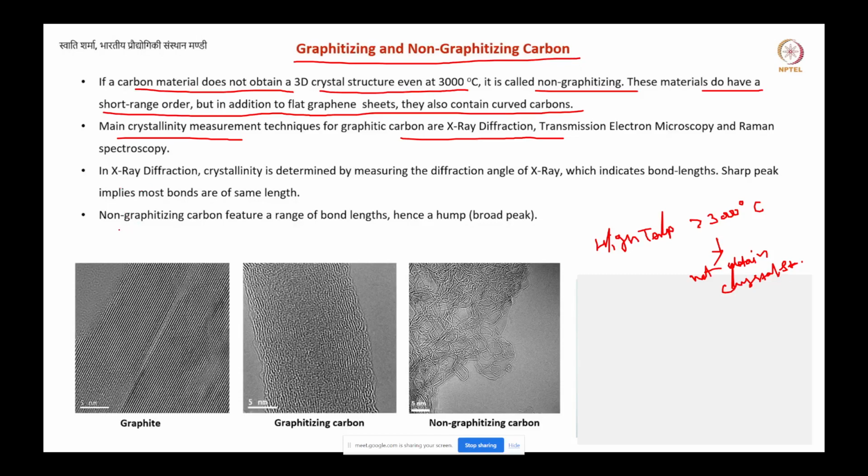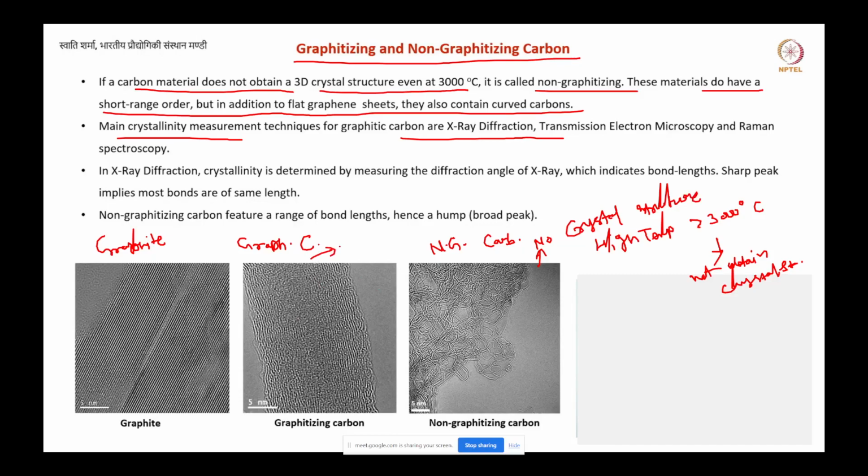And here you can see how the graphite looks. This is for your graphite, this is for your graphitizing carbon, and this is your non-graphitizing carbon. You can see that it is not a crystal structure, no crystal structure. But here you can clearly see a crystal.